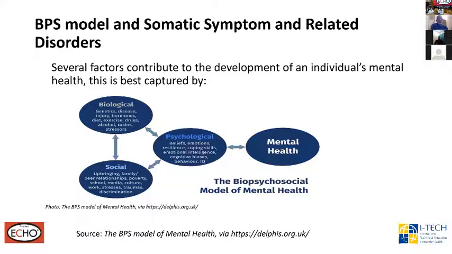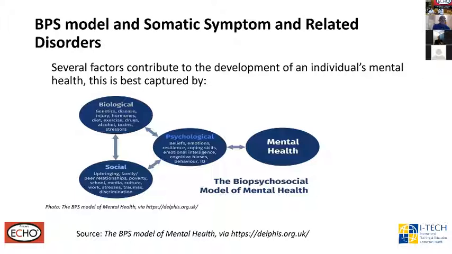And so the biopsychosocial model is a more all-encompassing model and considers all factors. And so, of course, this model includes the several contributing factors that are active in someone developing a somatic symptom disorder, like biological factors, for example, would be their genetics.